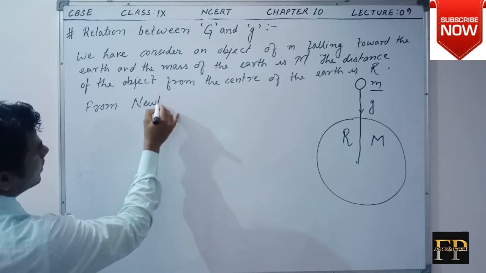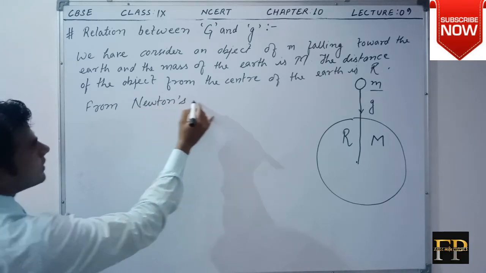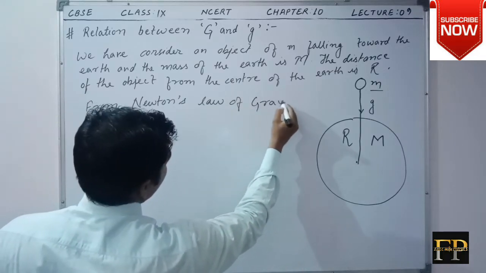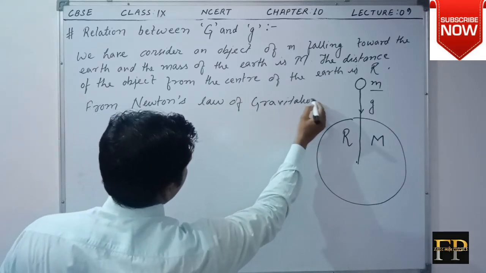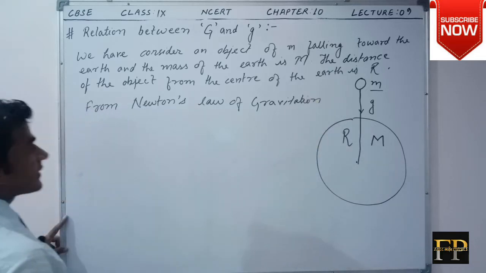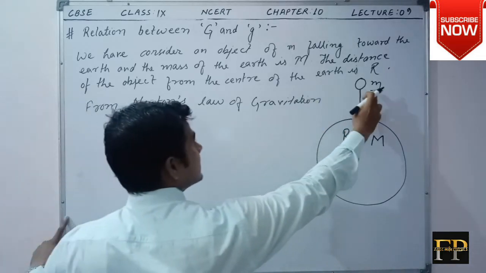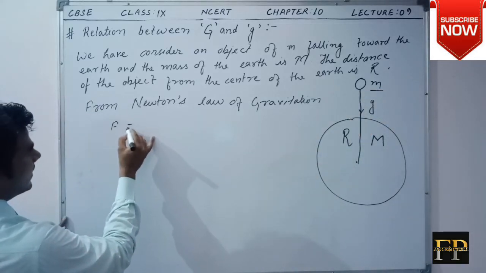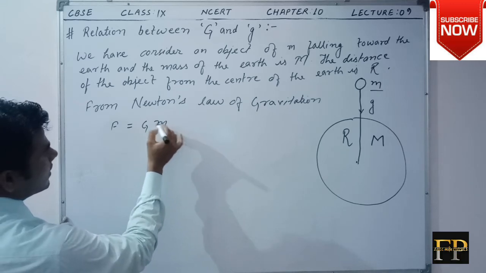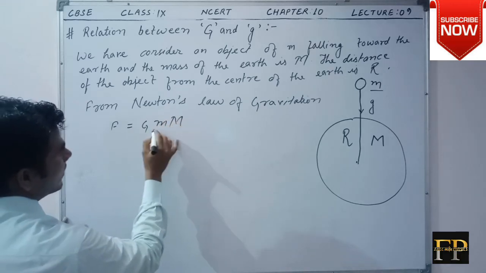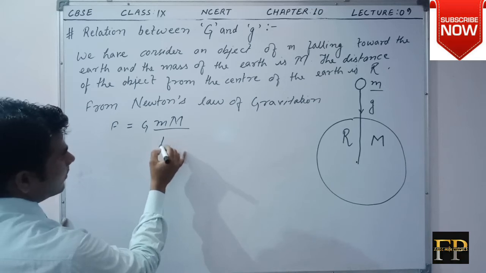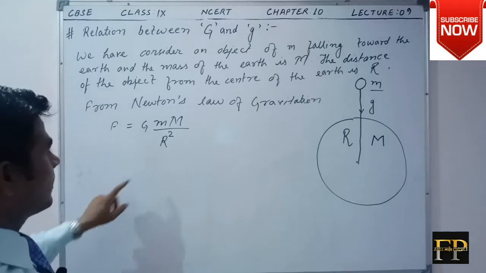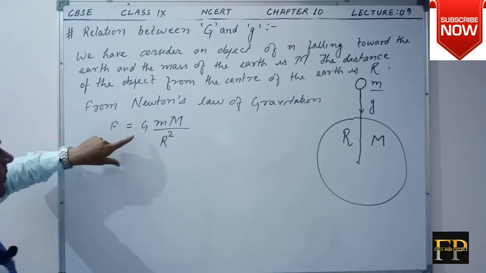Now students, from Newton's law of gravitation, we know that the force acting on the object of mass m is equal to G times the product of the masses, and inversely proportional to the square of the distance between the objects.